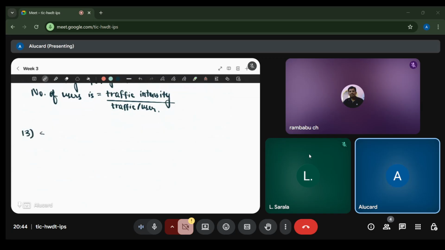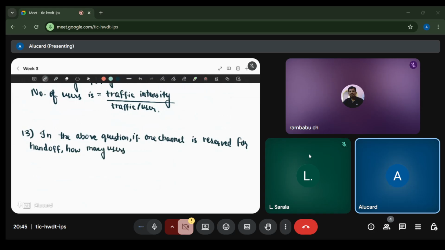Question number 13: in the above question, if one channel is reserved for handoff, how many users can be supported? The solution is the same method.